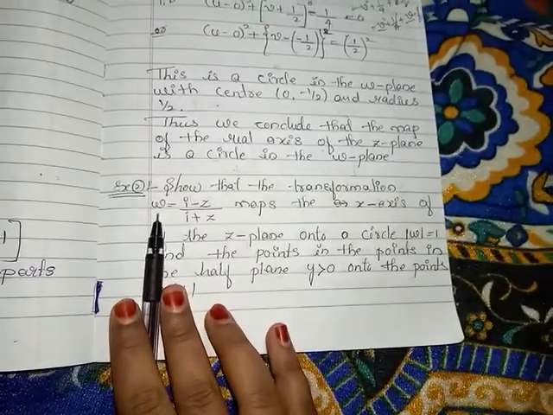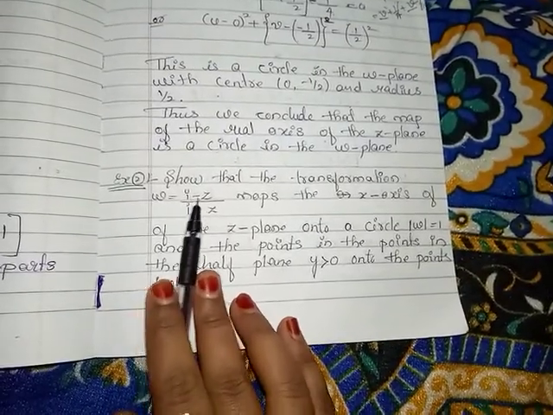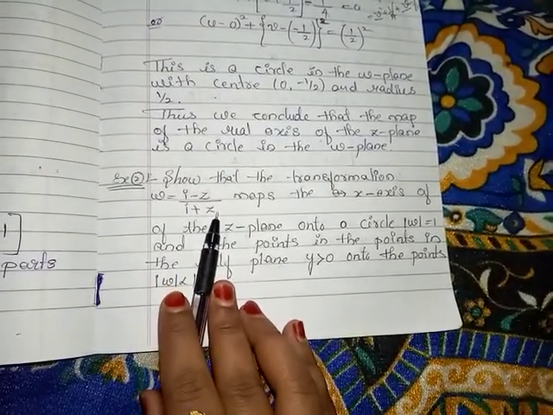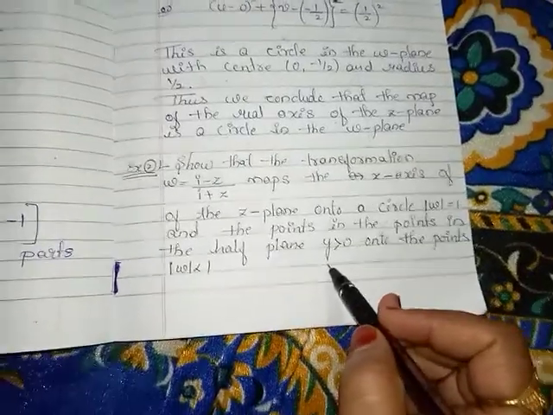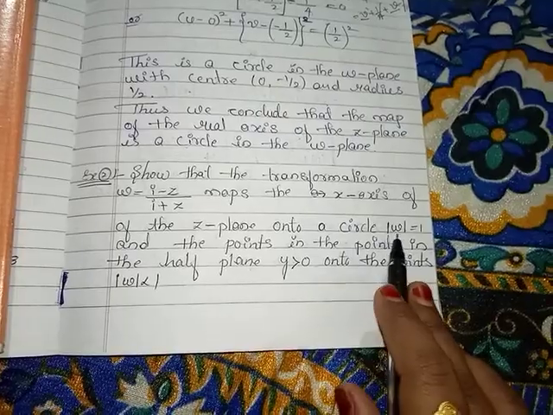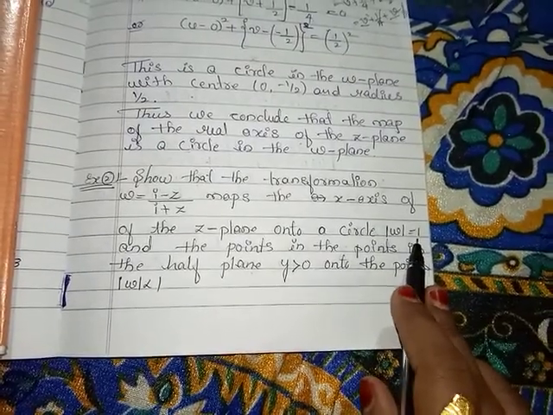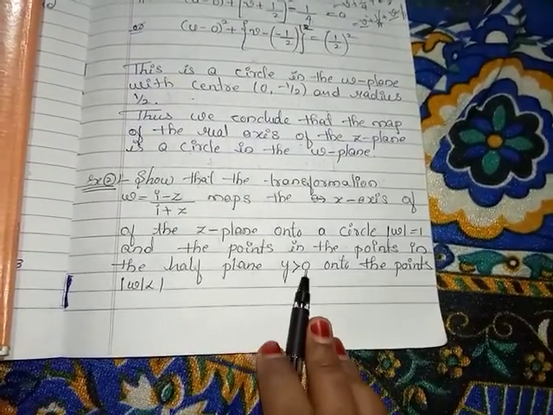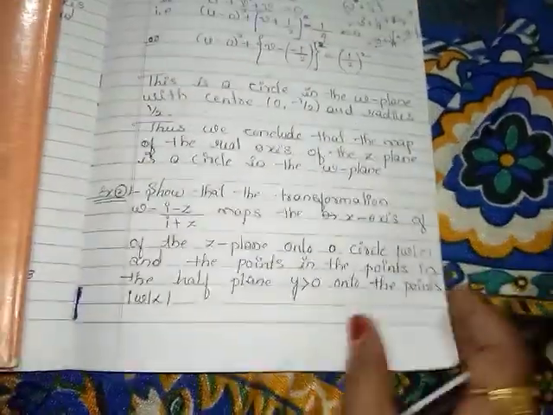We have to find that the transformation w is equal to (i - z) divided by (i + z) gives a circle in the w plane, which is mod w is equal to 1. After that, when y is greater than 0, mod w is less than 1.